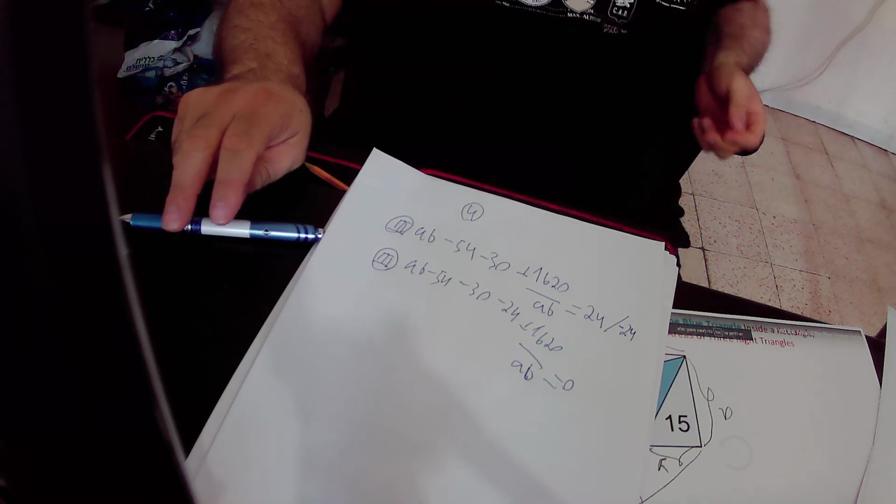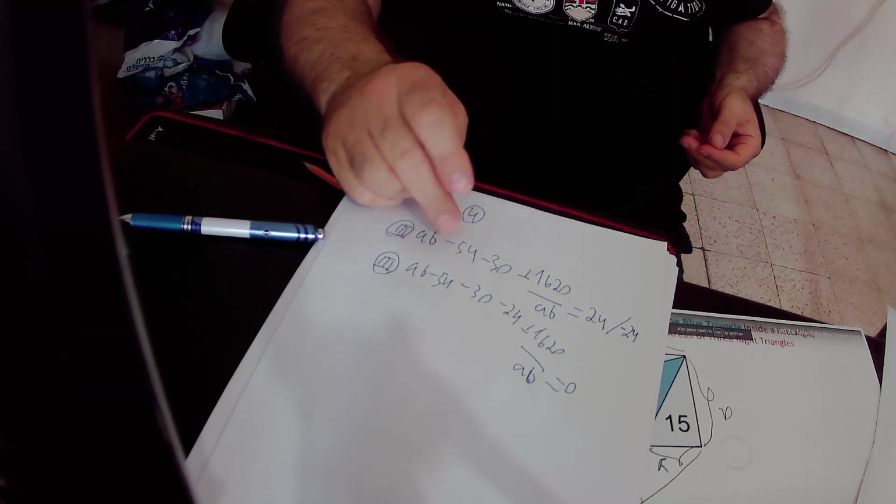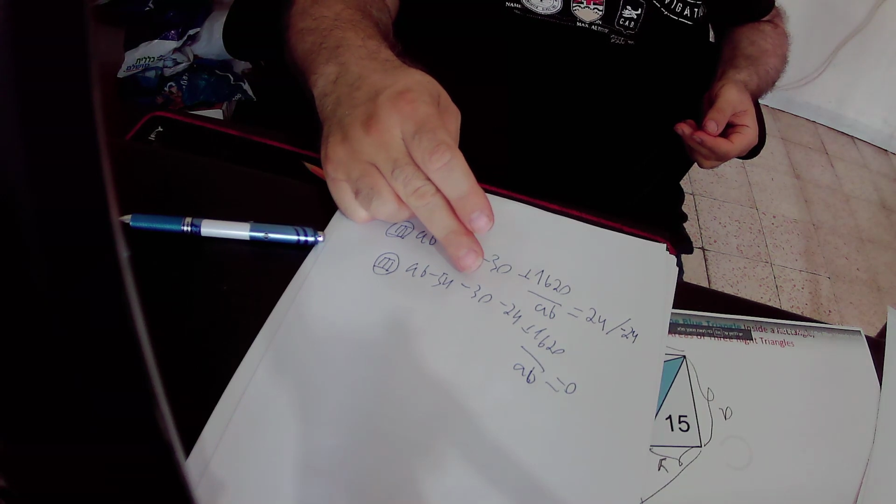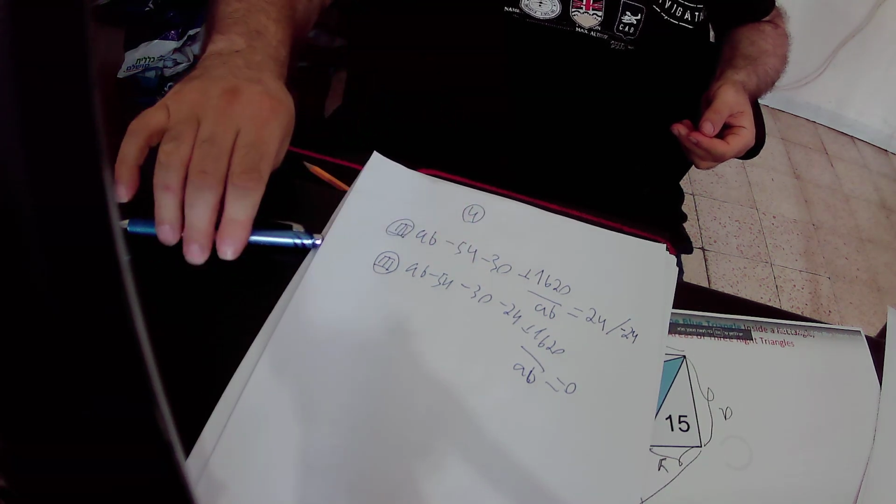In the next step, minus 54 minus 30 minus 24 equals negative 108, so we'll write it down.